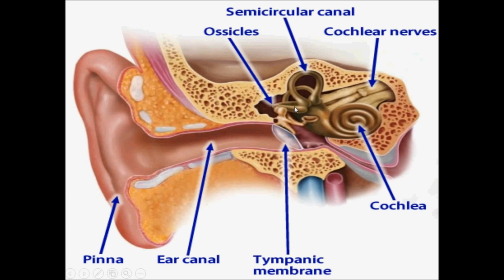And the ear ossicles, these are the malleus, incus and stapes, the three bones, which we also call ossicles. They act as levers, and they increase the intensity of sound wave, that is amplification of sound by 20 times. However, the frequency of sound remains unchanged.